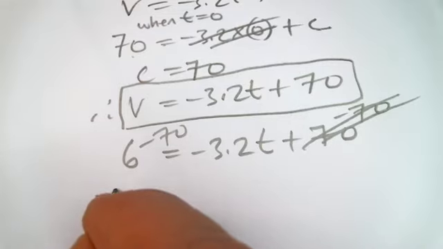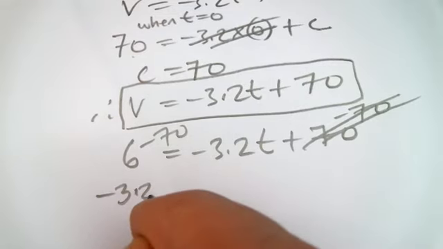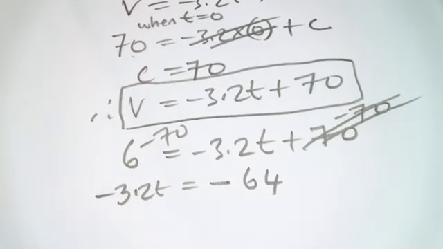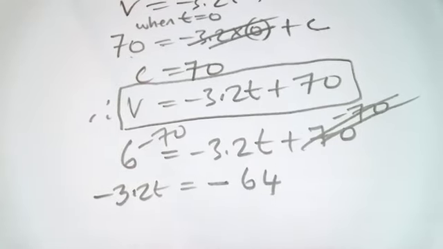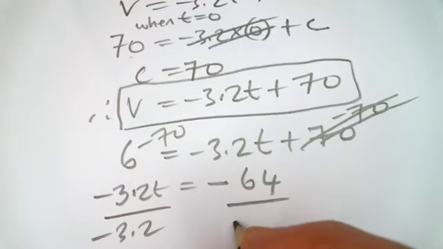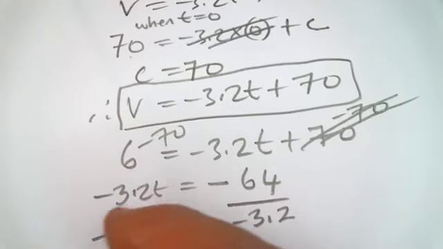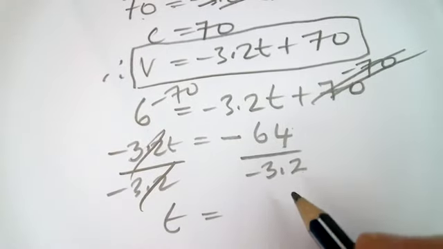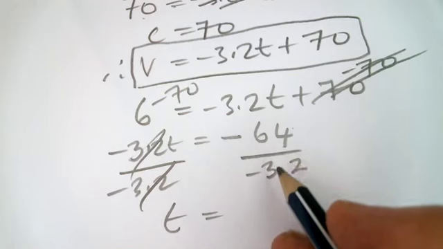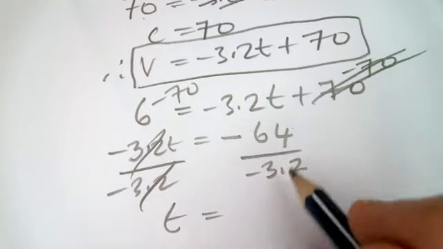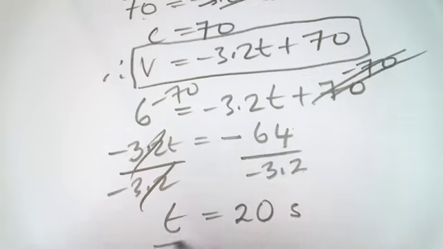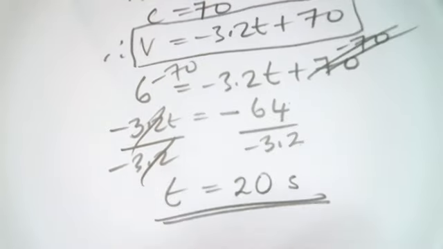So I've got negative 3.2 t is equal to negative 64. Of course, I've got negatives divided by negatives, which is kind of cool. So I divide by negative 3.2. If this was 32 into 64, it would be 2, but it's negative 3.2, which is 10 times smaller, so t is going to be 20, and time is in seconds, and that would be my answer.